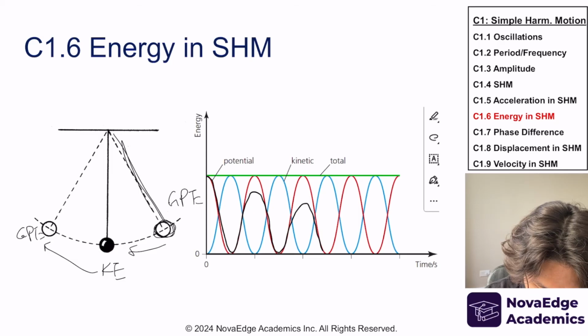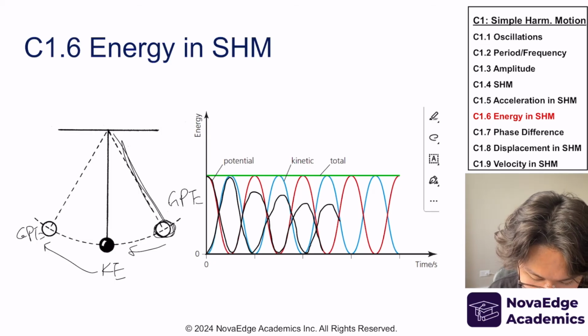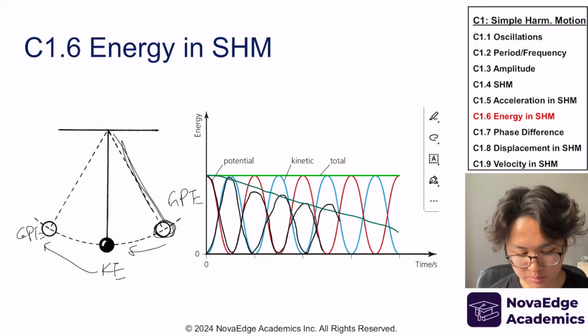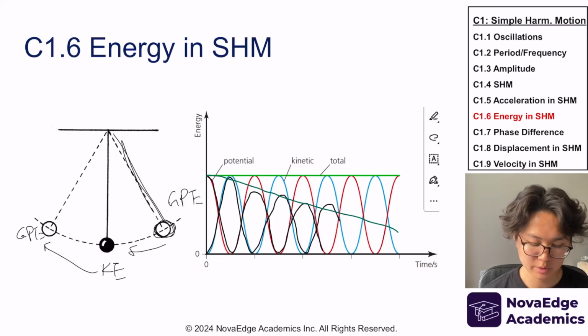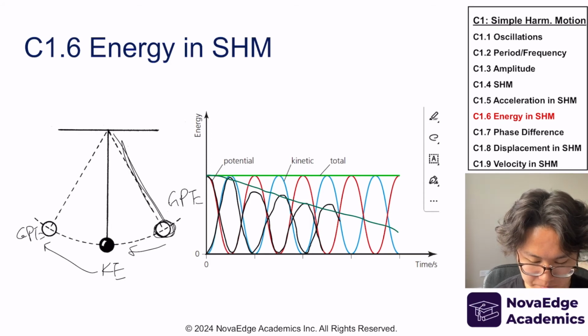And potential energy might look like this too. With each oscillation, the total energy is going to be decreasing at a certain rate. But in IB physics, we try to keep it simple, so you won't take into account air resistance. We assume an idealized case, okay?